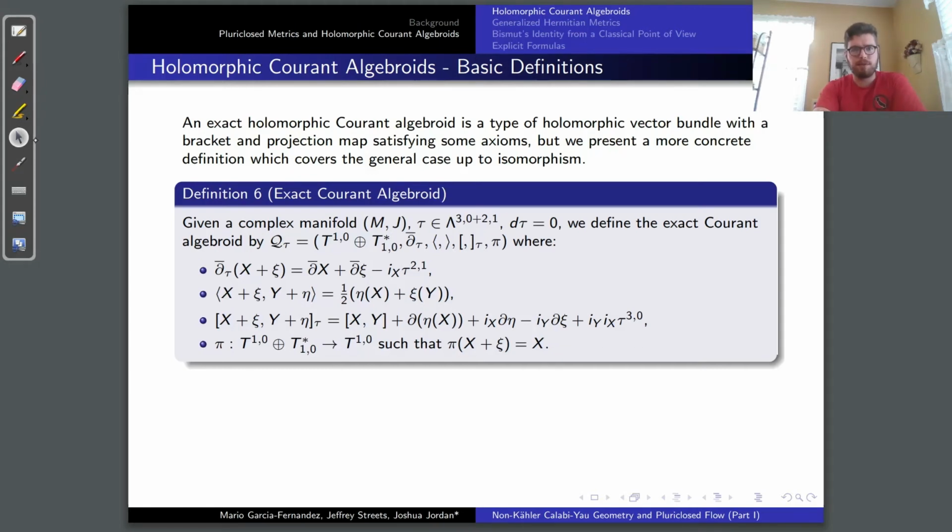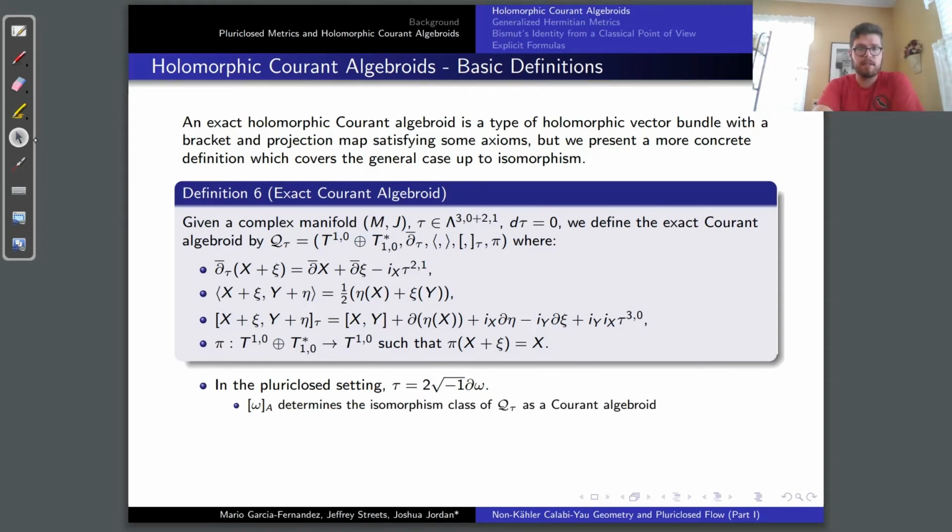Our co-author called it an orthogonal bundle, just because this neutral inner product is not positive definite, right? It's got a funny signature to it. Typically speaking, we'll be taking tau to be 2i del omega, which is related to the Chern torsion. That 2 will come and go just by normalizing omega differently.